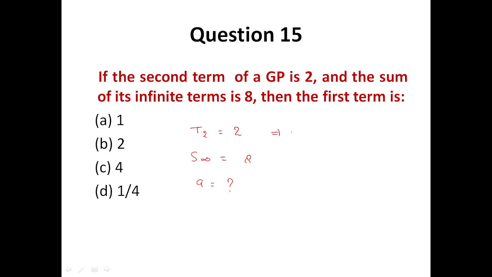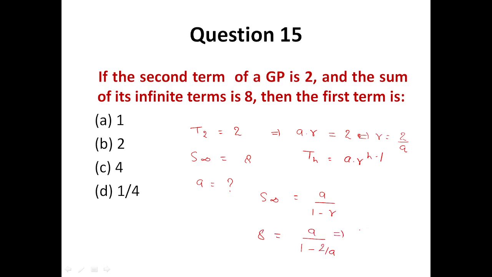So T2 is nothing but a into r is equal to 2, because as we know Tn is equal to a into r to the power n minus 1, and S infinity in a GP is a upon 1 minus r. We have to find a, so this implies r is equal to 2 upon a. So S infinity, put the value 8, a upon 1 minus r, where r is nothing but 2 upon a.